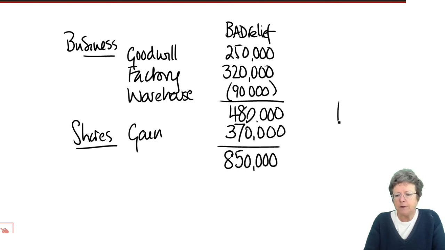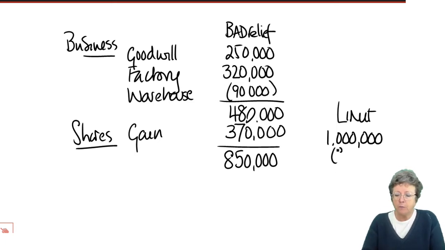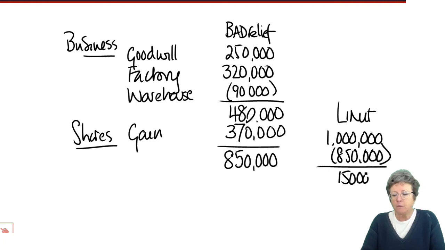Now what was the limit? Can you remember what the limit was? It was £1 million, wasn't it? There's nothing in the question to suggest that she's used any of it up. So she's still got another 150 that she can have in the future, should she need to do so.